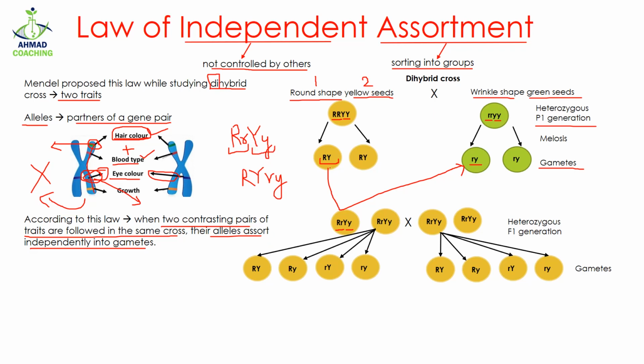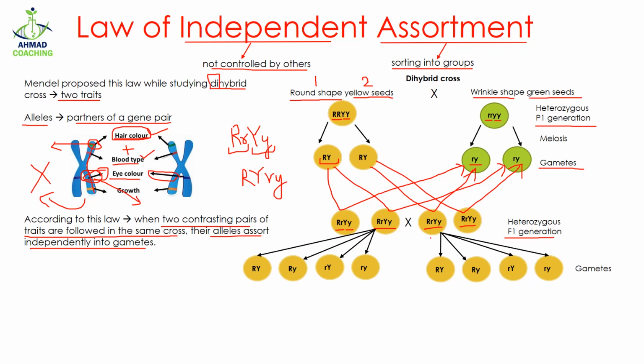Again, this one is going to fuse with the other gamete and we will have this genotype. This one will fuse with this one and we have this genotype. Again, this one will fuse and we are having this genotype. This is the F1 generation. We will have a heterozygous combination here.